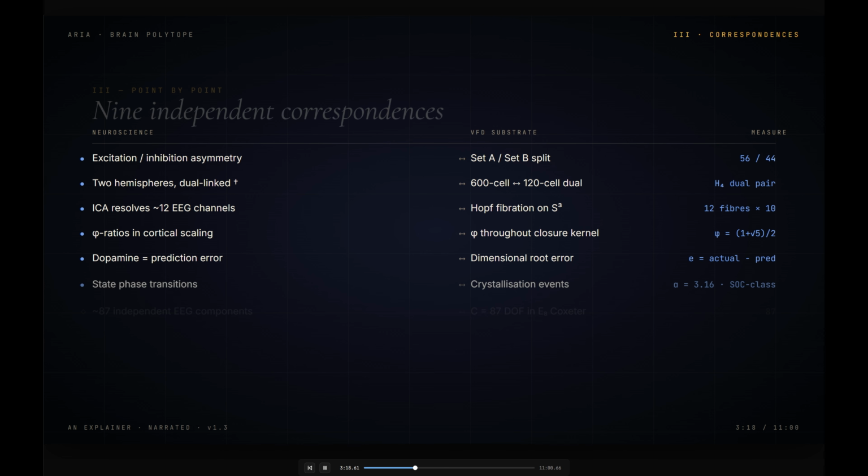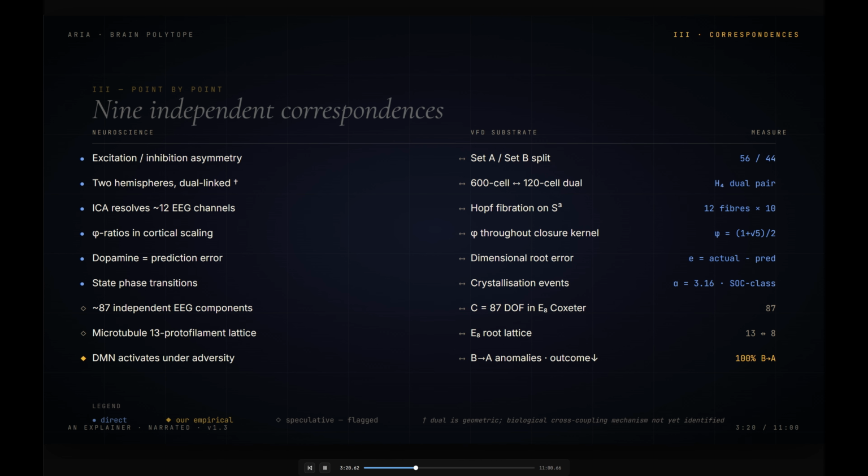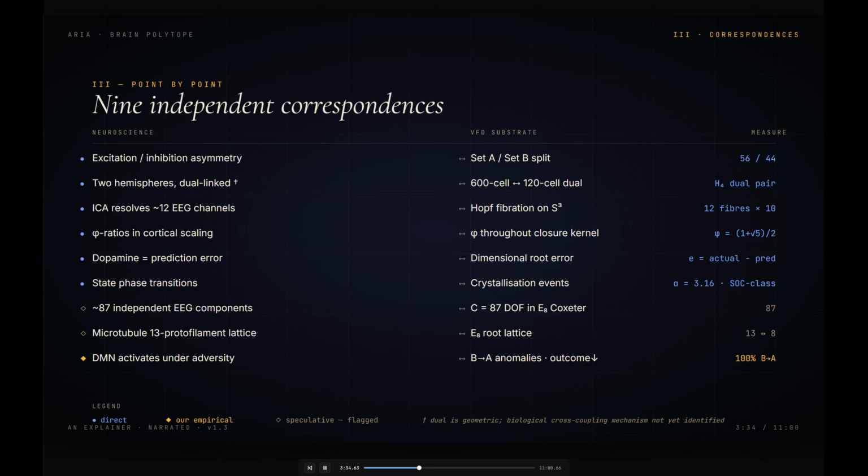The model produces several point-by-point correspondences. Some are direct, some are empirical, some are speculative, and must remain flagged. Excitation and inhibition map onto asymmetric set splits. Dual hemispheres echo dual-linked geometric structures. Independent EEG components may reflect fiber structure in a Hopf-routed substrate.